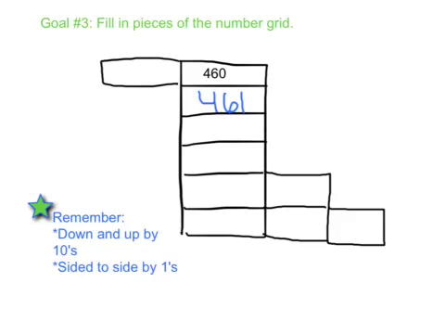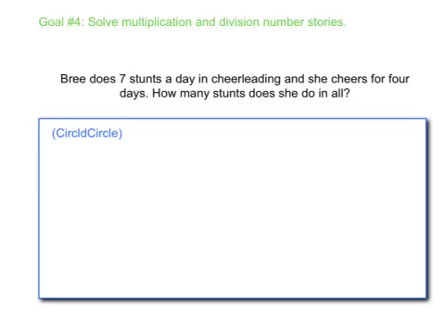Another thing is that kids are putting 560, so they're jumping by hundreds. That's also not correct. Most of the time when we're talking about a number grid, we're going up and down by tens and we're going side to side by ones. So fill in the pieces of this number grid and save it when you've finished it, and then move on to the next slide.